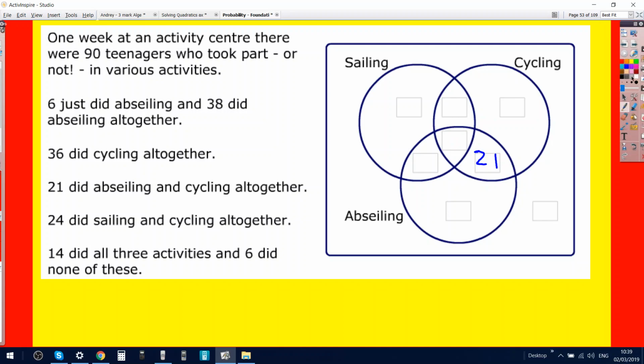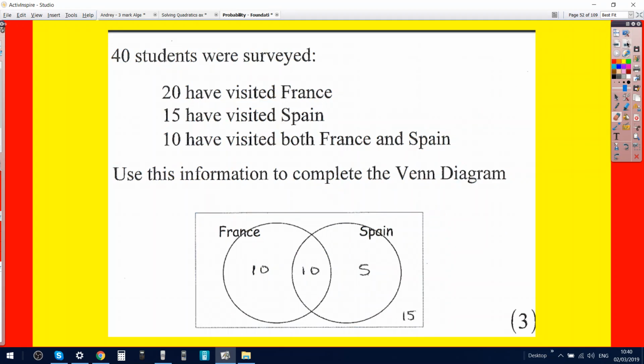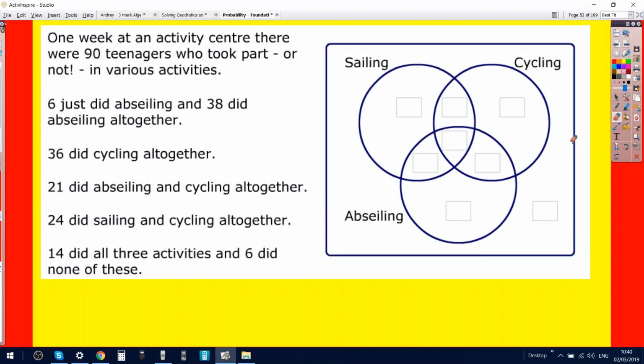So would you say 21? Isn't it? I'm not sure. So our rule is starting in the middle and working our way out. Oh, okay. So start in the very middle, then work your way out to the next middles, and so on. So 24, and so would it be 45? Did them all together?